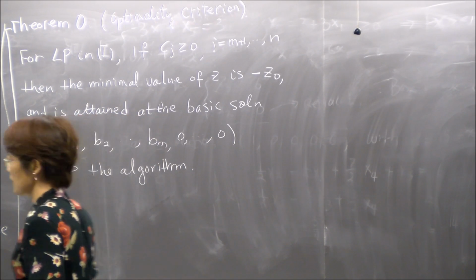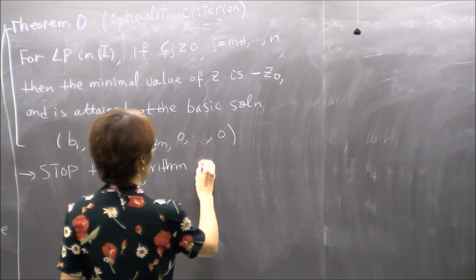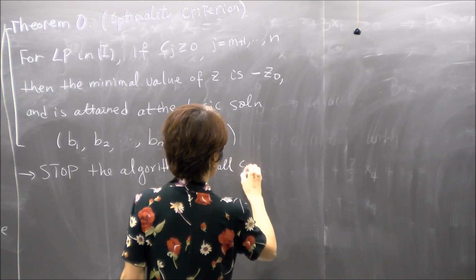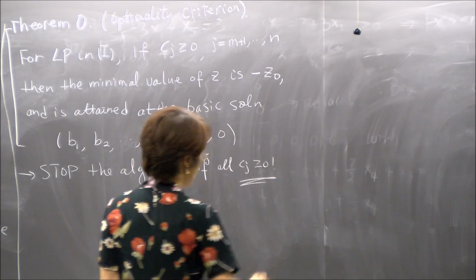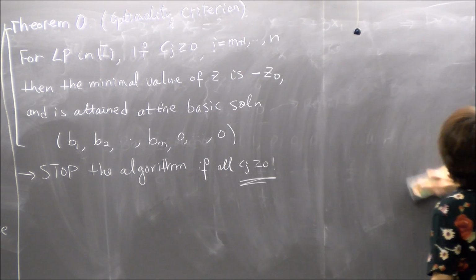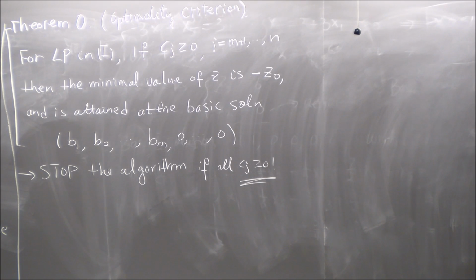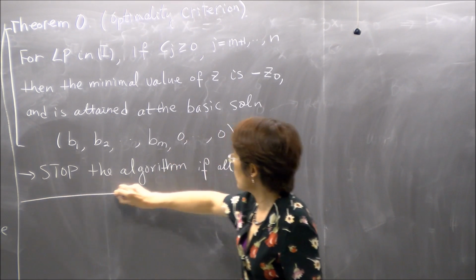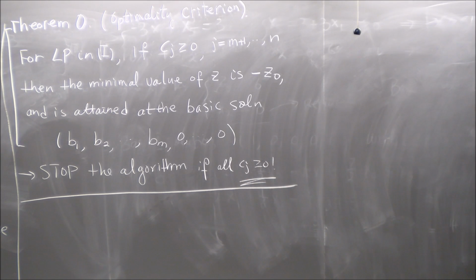So let me say stop the algorithm if all Cj's are bigger than or equal to 0. That becomes your simple criterion. Okay, then what if that criterion is not satisfied? Let's say that at least one of those C's is negative, like in the example we saw, right? And step 3, we took it because one of them is negative.